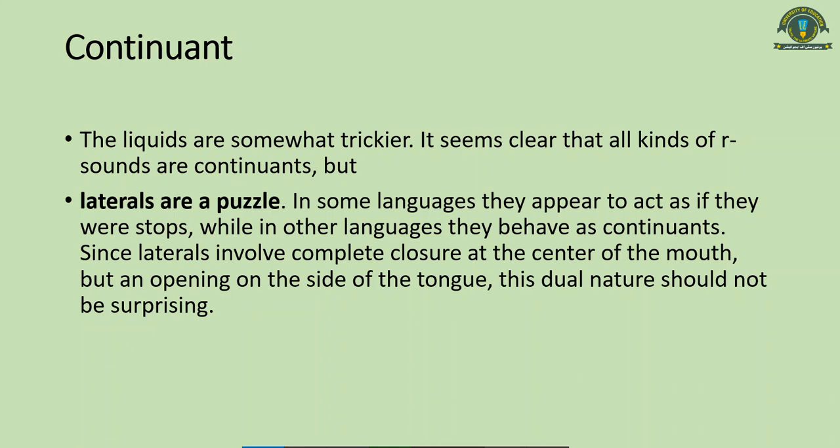So this dual nature shouldn't be surprising because it can be categorized both ways. This is why we can say that there are some confusions regarding laterals, because these can be categorized both as stop or obstruent and continuant.